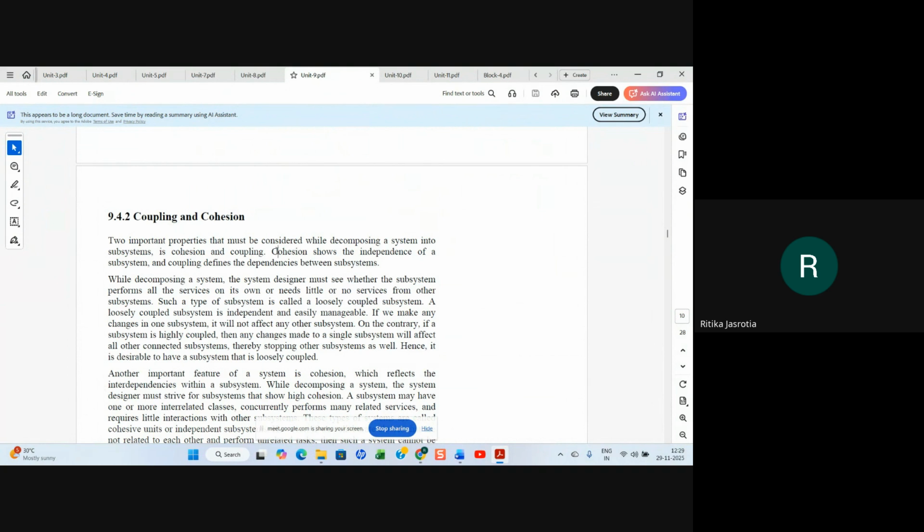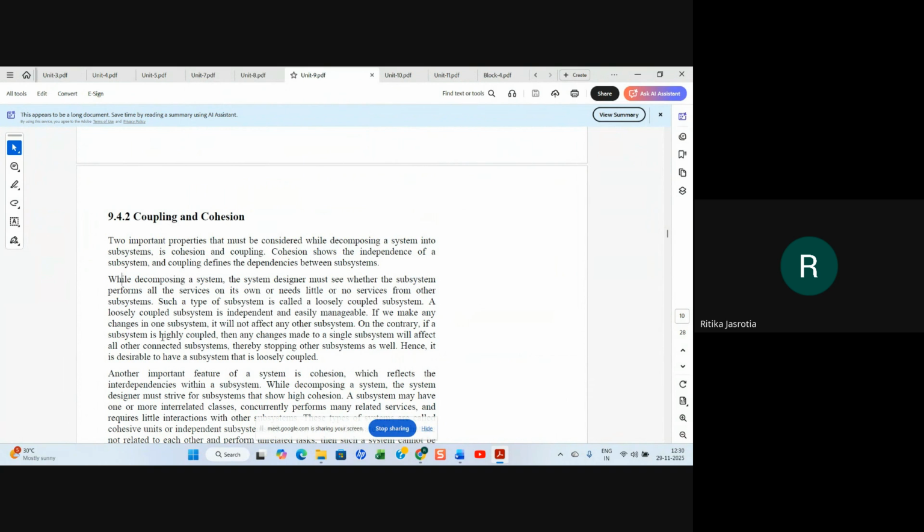So cohesion should be more. While decomposing a system, the system designer must see whether the subsystem performs all the services on its own or needs little or no service from other subsystems. Such a system is called a loosely coupled subsystem. A loosely coupled subsystem is independent and easily manageable. If we make any changes in one subsystem, it will not affect any other subsystem.